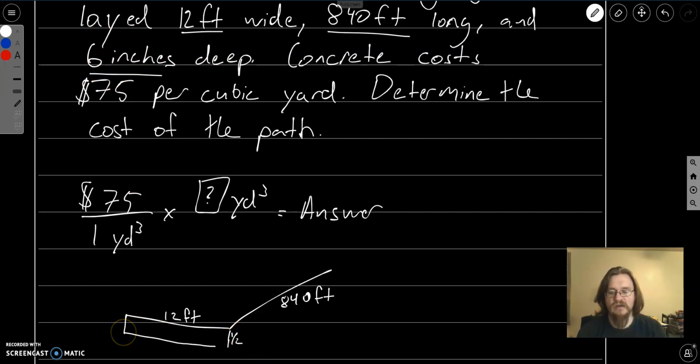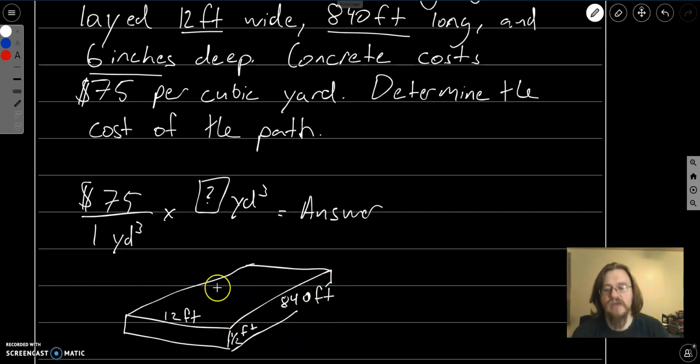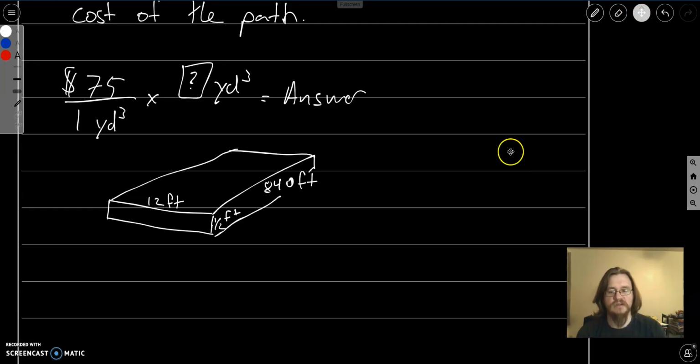So then we have ourselves a rectangular prism, and the volume of a rectangular prism is going to be the length times the width times the height. So this is fairly straightforward.